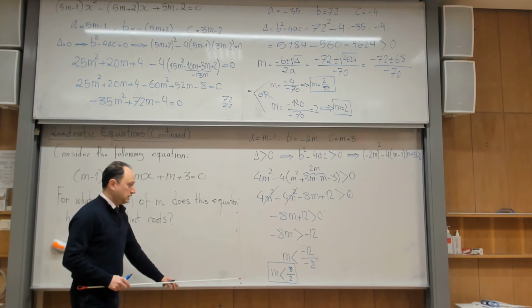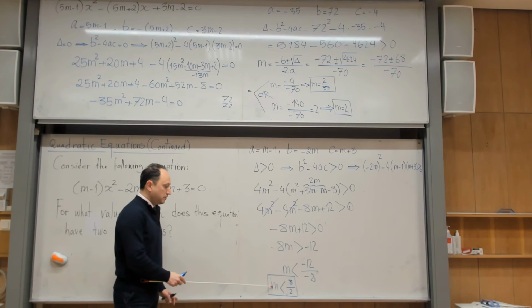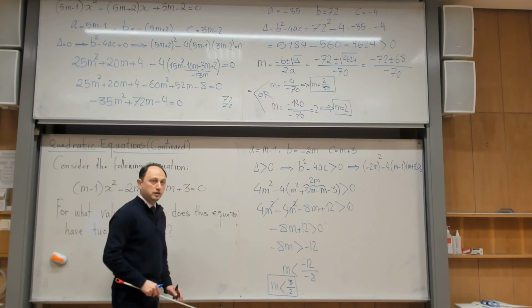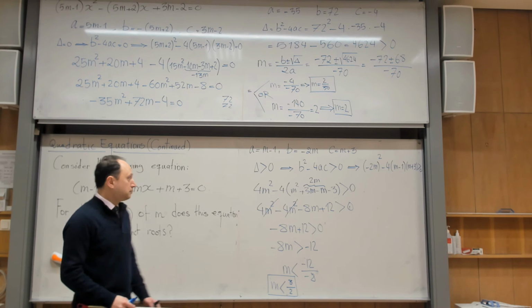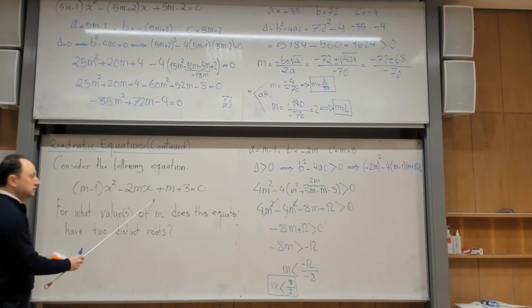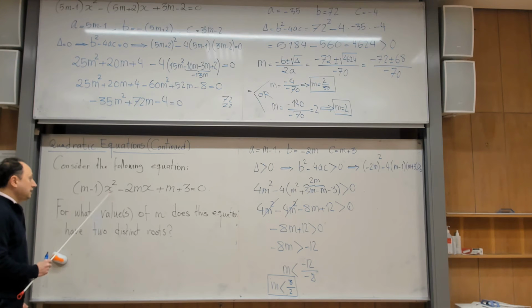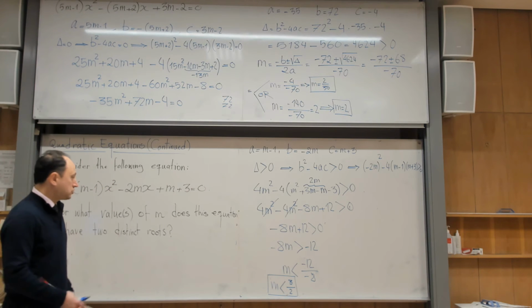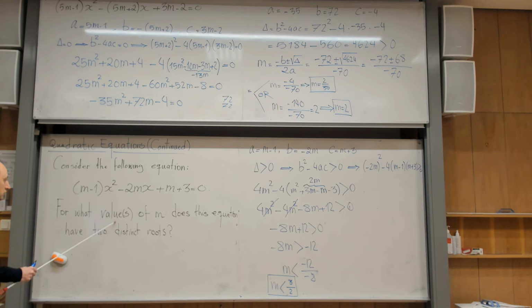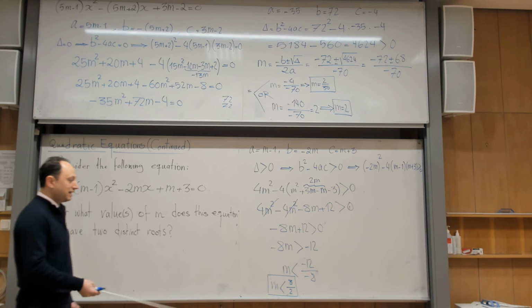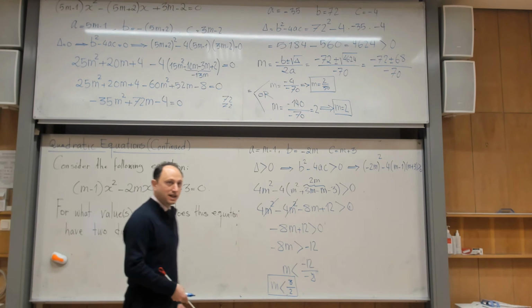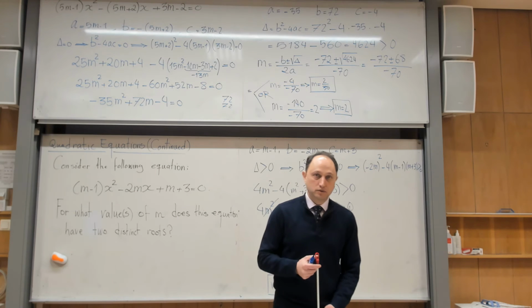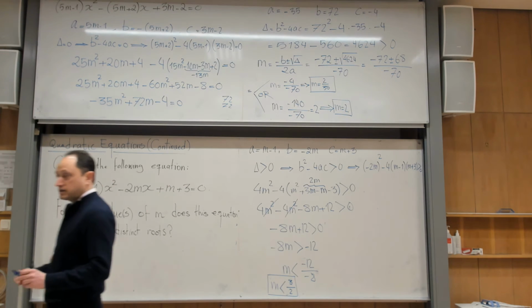It means that if you choose m less than 1.5, any number that you like, and put it here, it will generate a quadratic equation that is guaranteed to have two distinct roots. So, for what value or values of m? The answer is all real values of m that are less than 1.5. Is that understandable? These are higher level questions, okay?